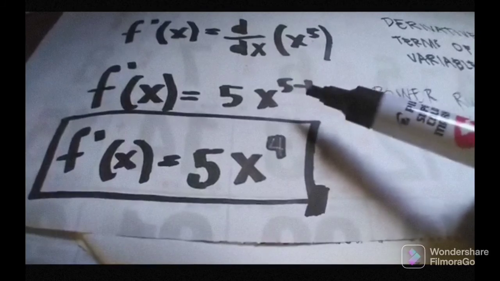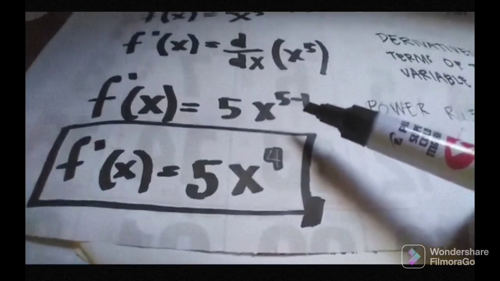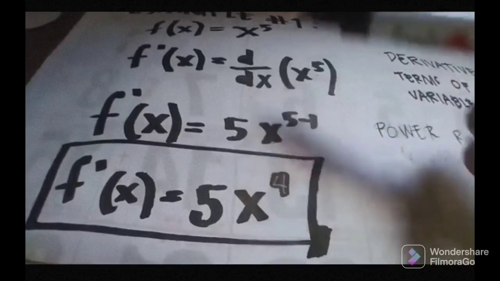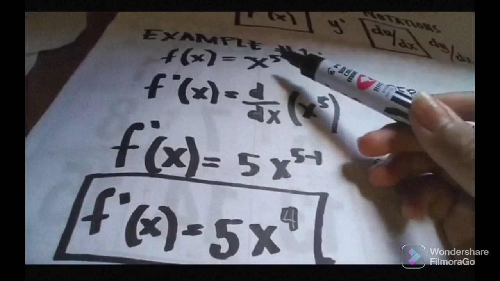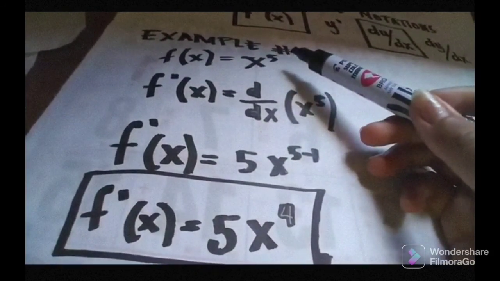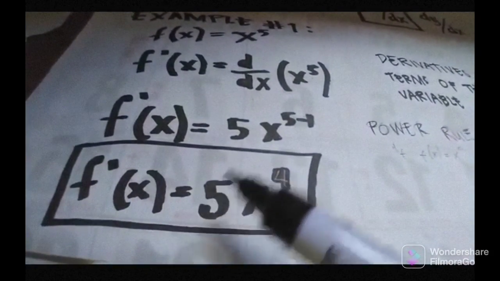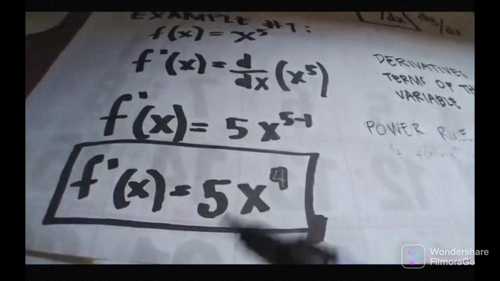And 5 minus 1 is 4. So, the derivative of the function x to the power of 5 is f prime of x is equals to 5x to the power of 4.